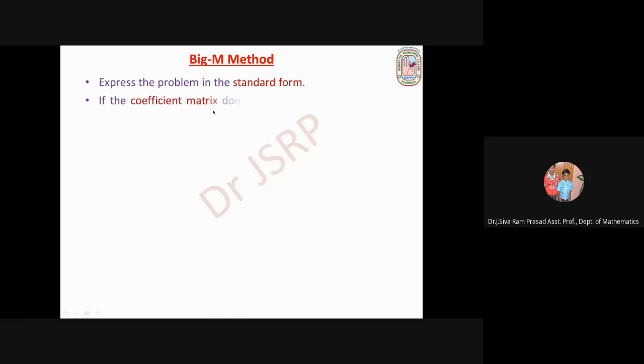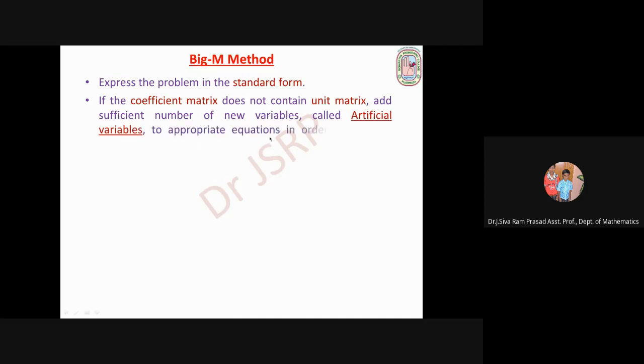If the coefficient matrix does not contain a unit matrix, add a sufficient number of new variables called artificial variables to appropriate equations in order to get a unit matrix. So after converting the LPP into standard form, suppose the coefficient matrix does not contain a unit matrix.